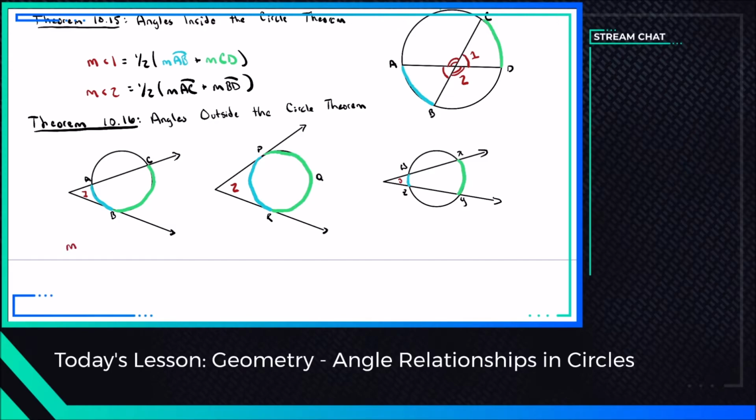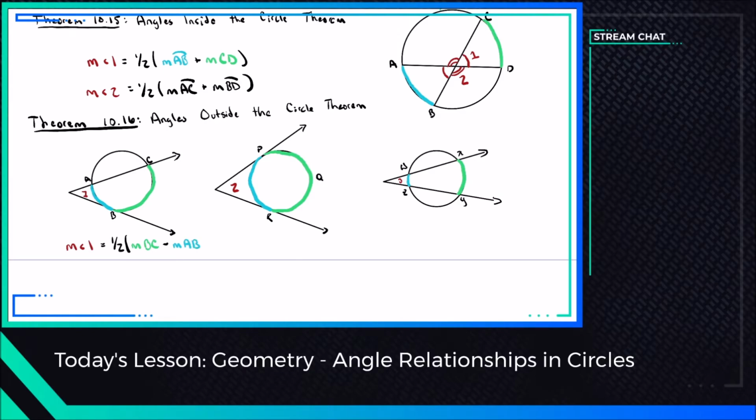It's going to be the measure of angle whatever, angle 1 in this case, is equal to 1/2. Then we're going to take the bigger arc, the green one, the measure of BC, and subtract from it the measure of the smaller one, AB.